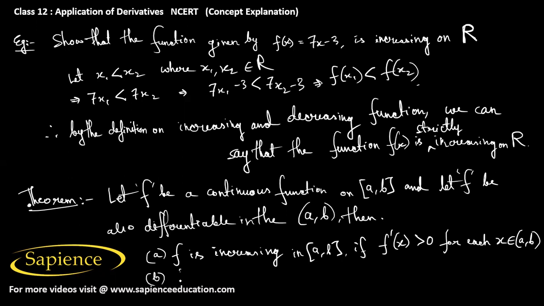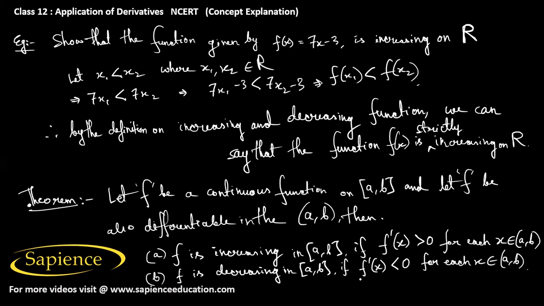And the next is f is strictly decreasing in the closed interval a to b if the derivative of f of x, f dash x, is less than 0 for each value of x which belongs to the open interval a to b.